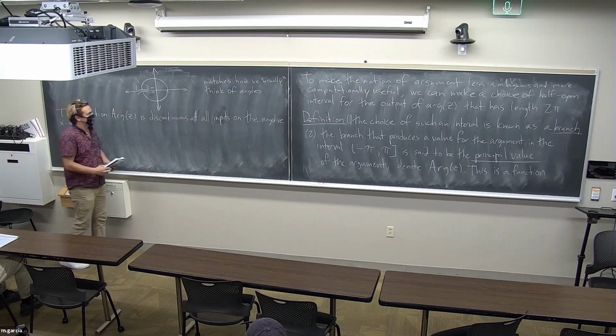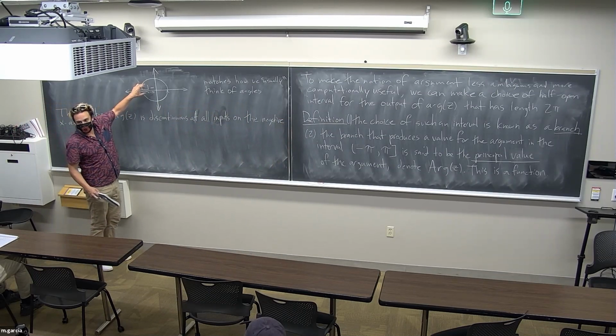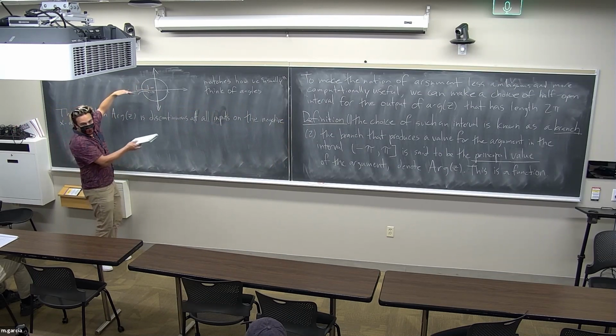Right? The limit approaching from both sides of the argument for any value along the negative x-axis, we have a gap here, right? We have two different values as we take the limit from both sides. Okay?